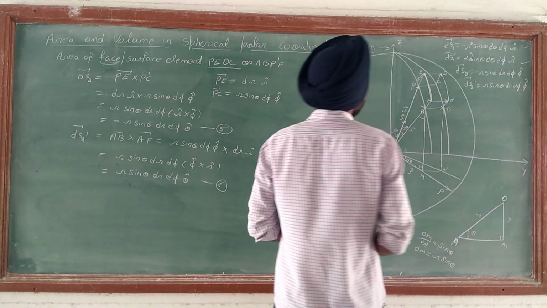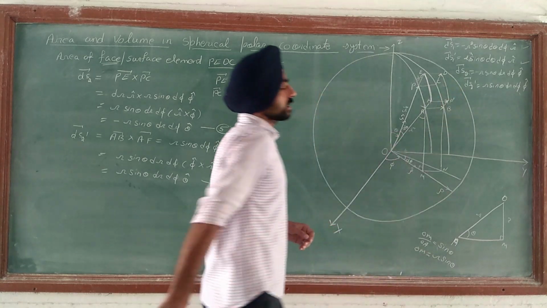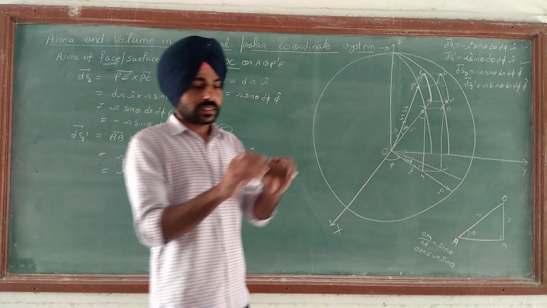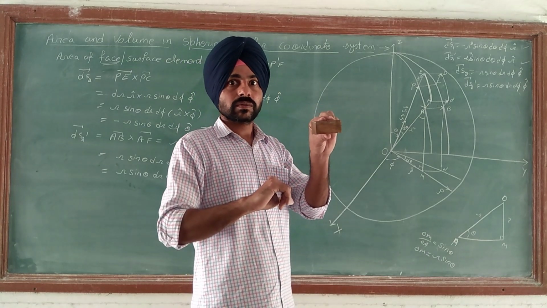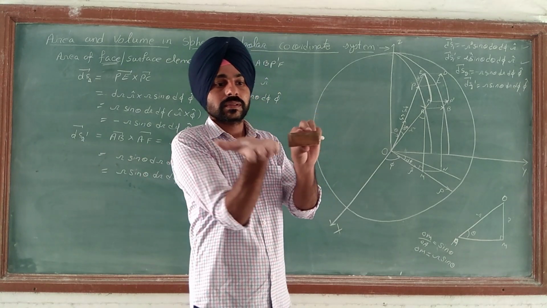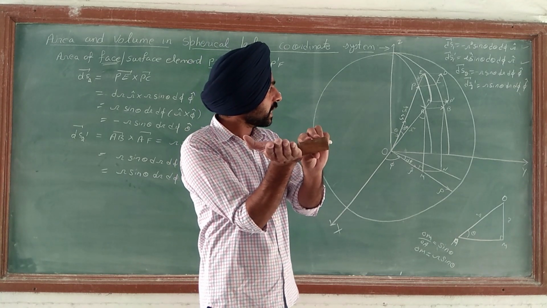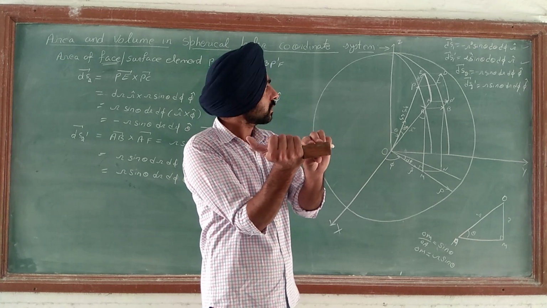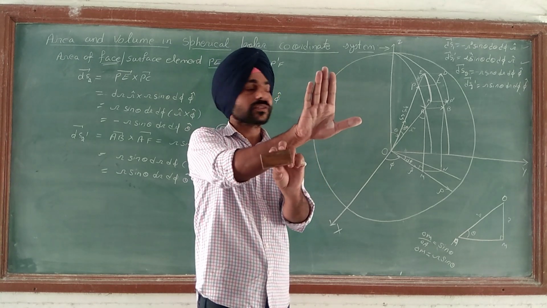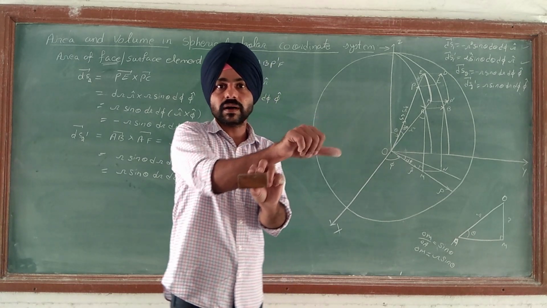Now we have to find the area of this face and this face. So it should be chosen in this way, PA cross AF. And on this side it should be chosen like this, so that the area vector should be formed in the outward direction.